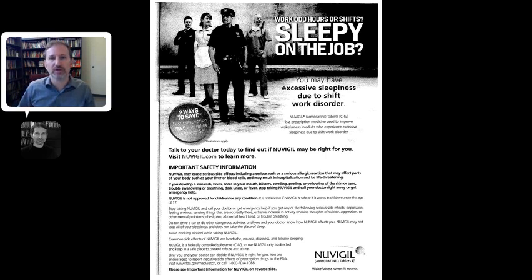So it says here, I'm sorry you can't see this too well, but it says, do you work odd hours or shifts? Are you sleepy on the job? And it says excessive sleepiness that could be due to what they called shift work disorder. They've given it a medical label, and then it says here that there's a drug that they're trying to give people to address their disorder, and it's called Nuvigil.